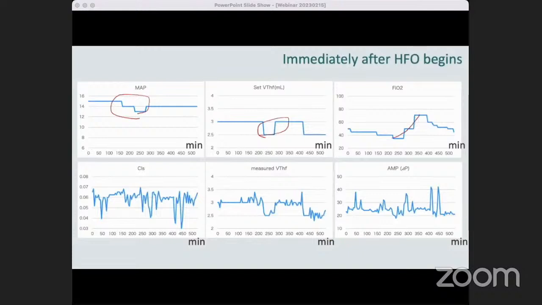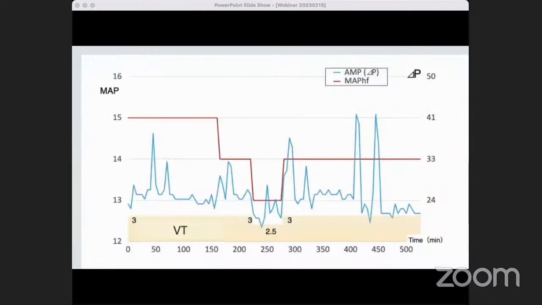To help understand the situation, instead of having one graph for each parameter, I made the following graph showing MAP, amplitude, and tidal volume together. The graph including the 3 parameters makes it easy to monitor the changes.